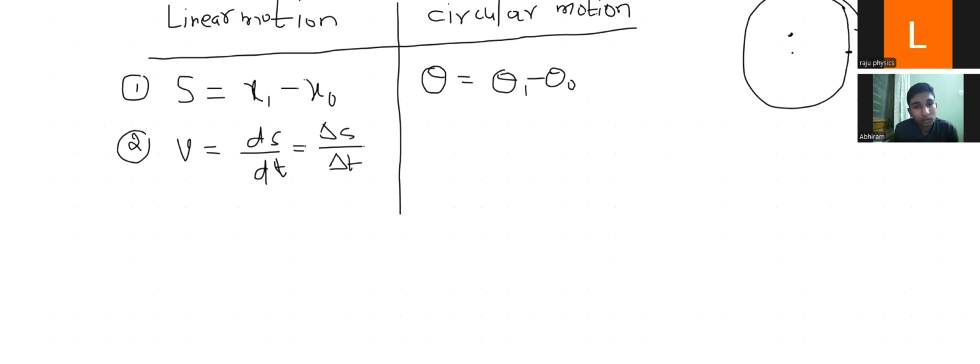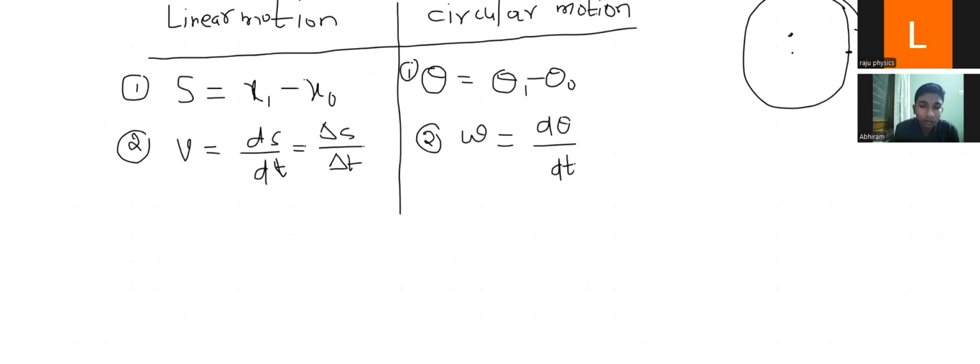Here, angular velocity is represented by omega. The formula is omega equals d theta by dt, so here also velocity is the rate of change of distance.